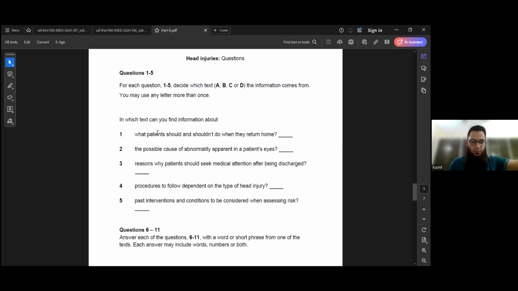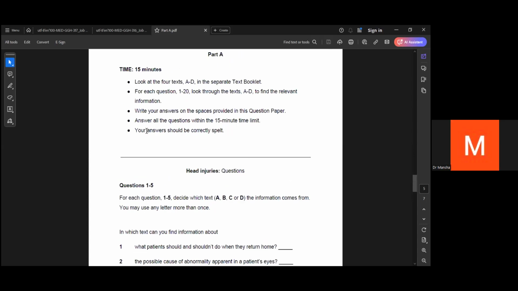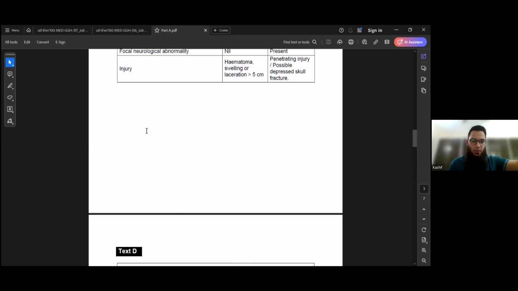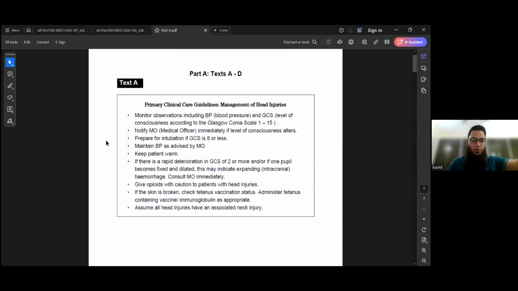Okay, for this, does anybody want me to scroll up for this one? Please, sir, scroll up. Okay, I will scroll up for this. I will give you brief time for each text. The reason for abnormality in the patient's eye. In which text is it given? Take a few seconds here.